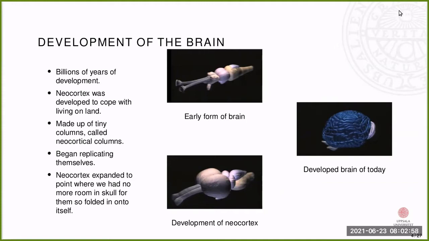We started to get this smooth surface, but because this replication just kept continuing, we needed to somehow pack more in. To accommodate this, the brain started to fold in on itself, and so we get this image on the right hand side where we have all these grooves in our brain today.